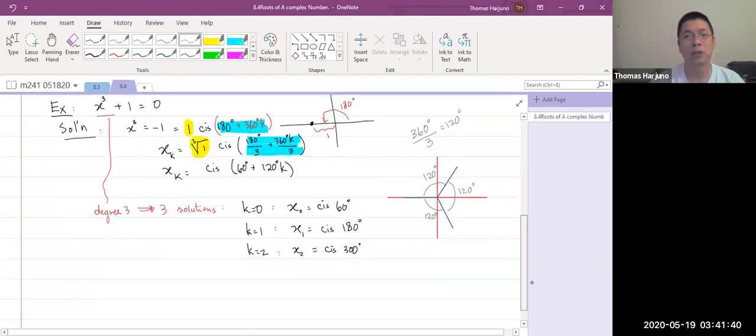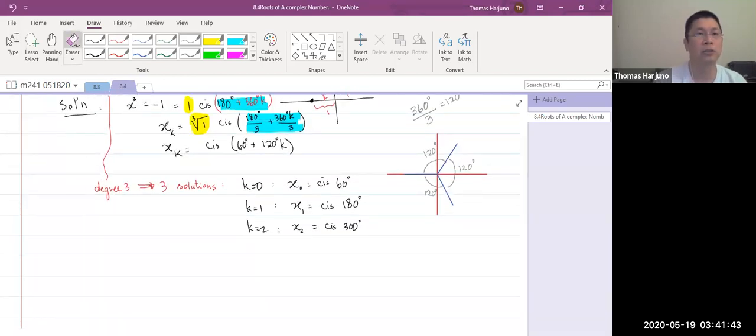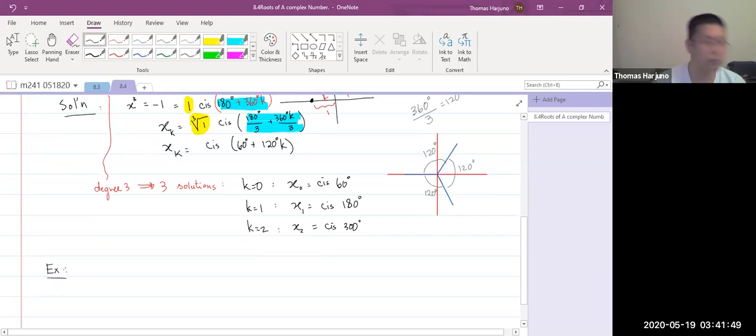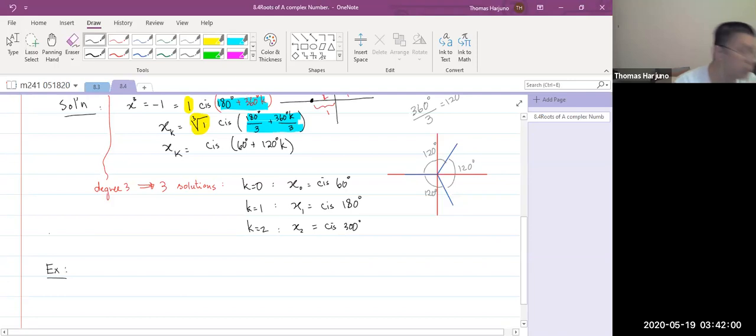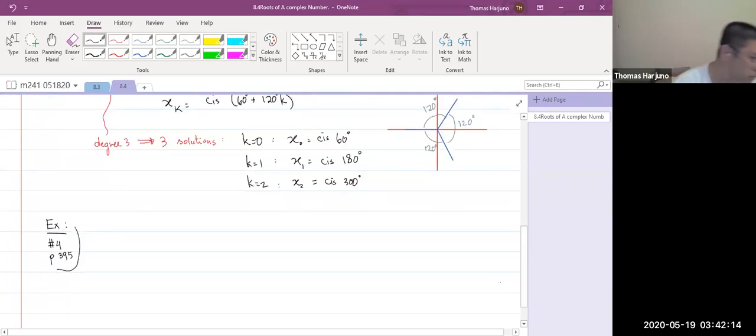Okay, let's try another one. Let's try this one first. Number 4 on page 395. Find 2 square roots for each of the following complex numbers.